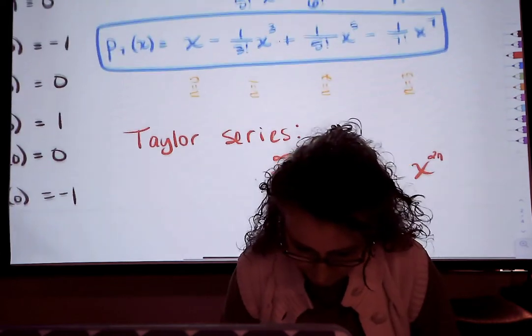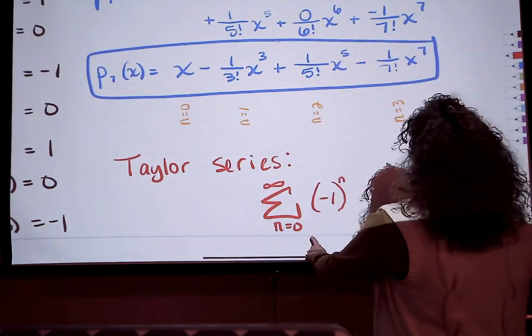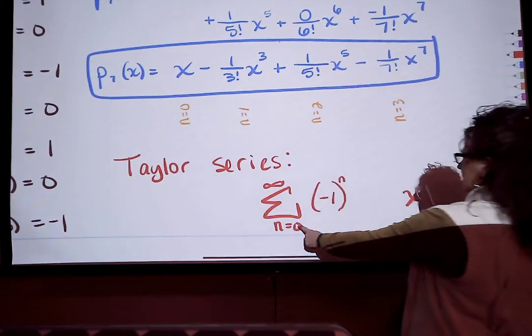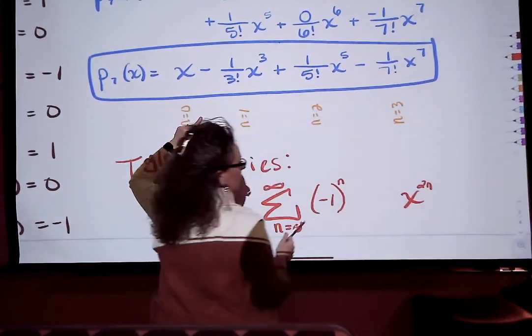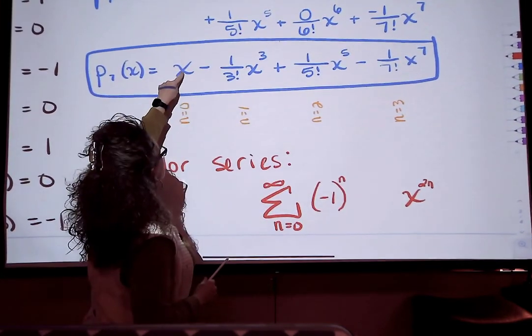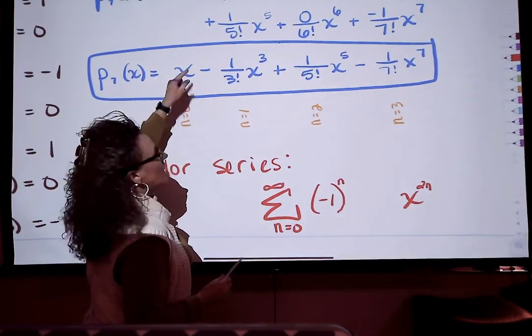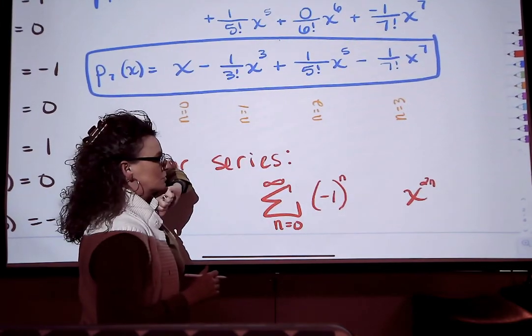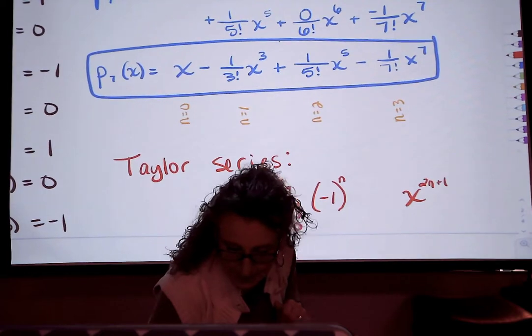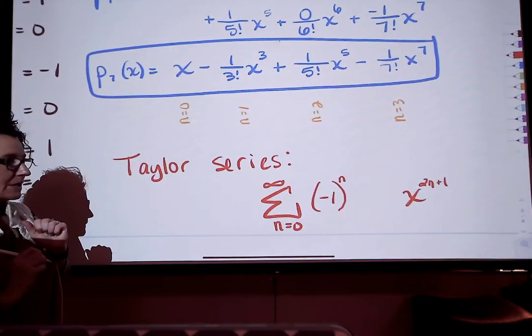What do you think? Maybe, since it's got a linear progression and it increases by 2. When n is 0, no, I don't like it. It would be x to the 0. I need x to the first. Does that work? Can I just add 1?